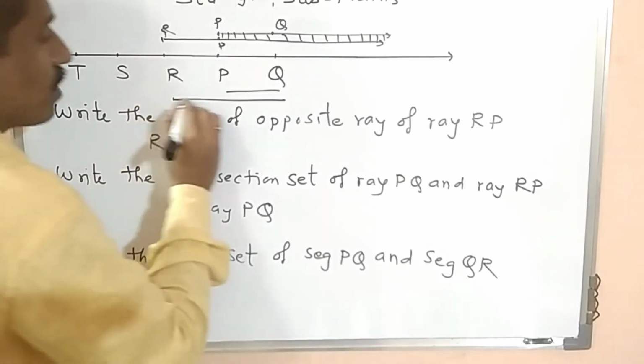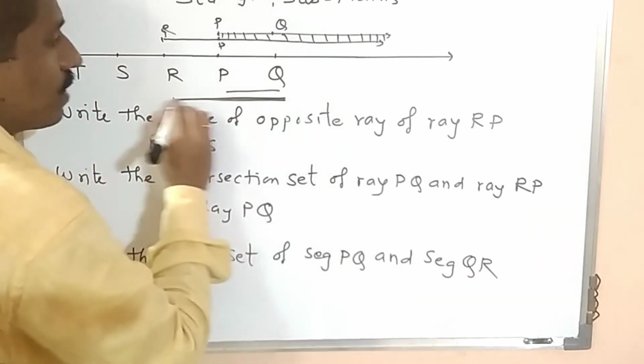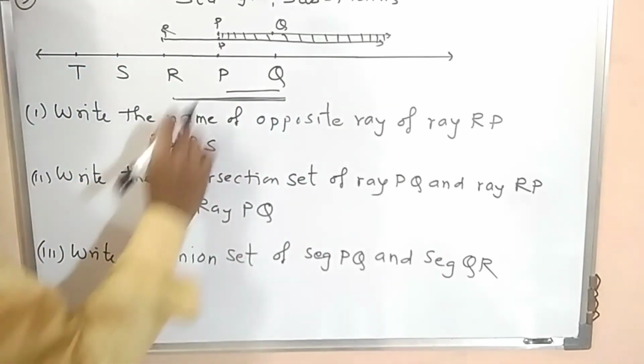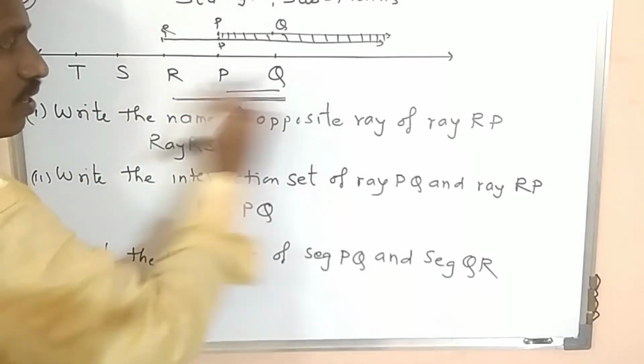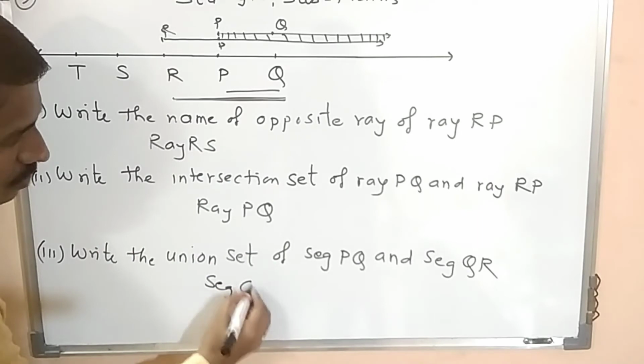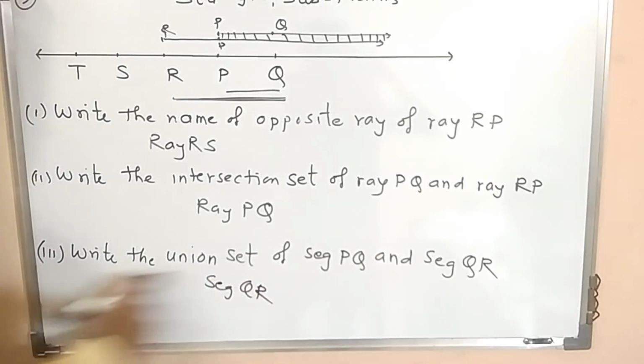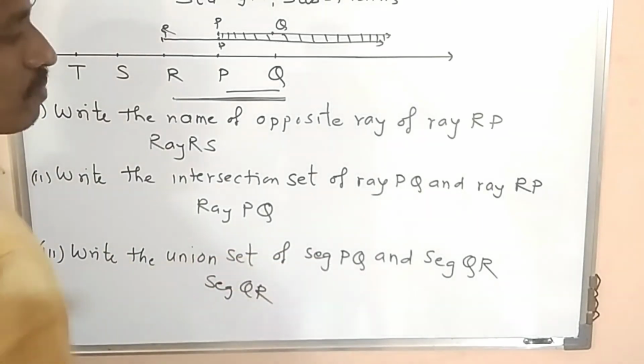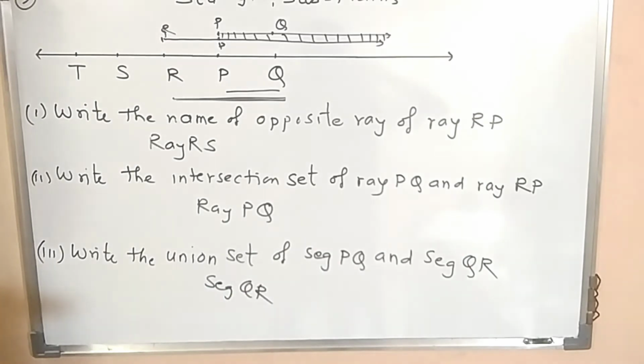The union is nothing but segment PR. So if we join PQ and QR, what will we get? We will get segment PR. So segment PR is the union set of segment PQ and segment QR.